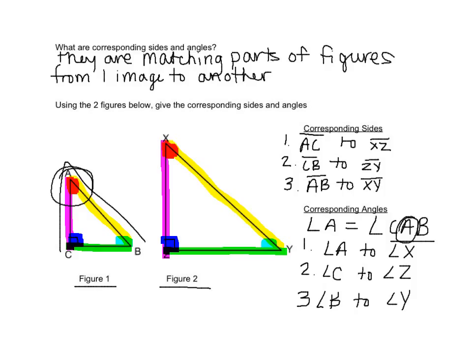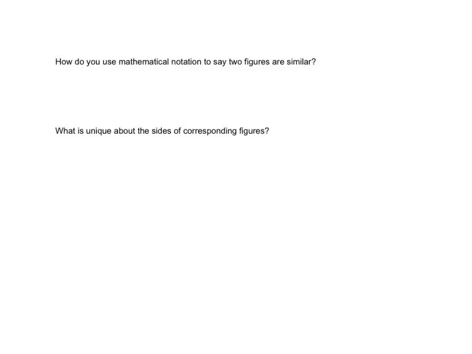How do you use mathematical notation to say 2 figures are similar? So we're going to use the shapes from the front side of the page where we have triangle ABC and triangle XYZ. So we would start by using our notation for triangle, triangle ABC, and then we have triangle XYZ.